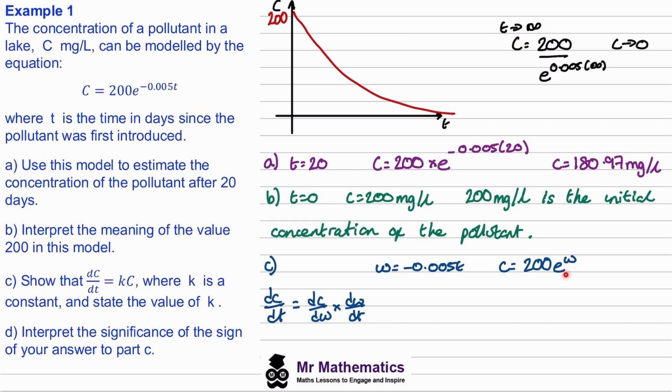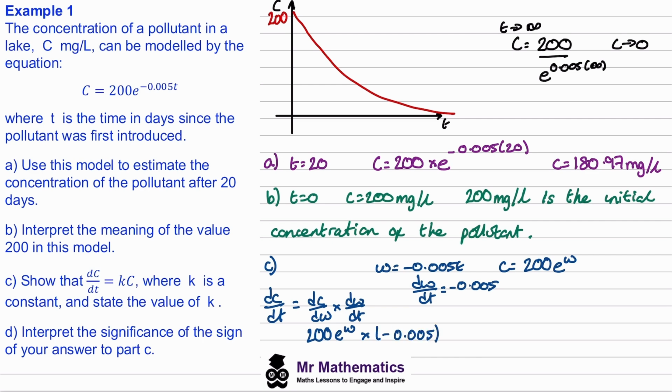We know e to the w will differentiate onto itself, and this will become 200 e to the w multiplied by dw by dt, and when we differentiate this with respect to t, we get negative 0.005. So I'll substitute this into here.